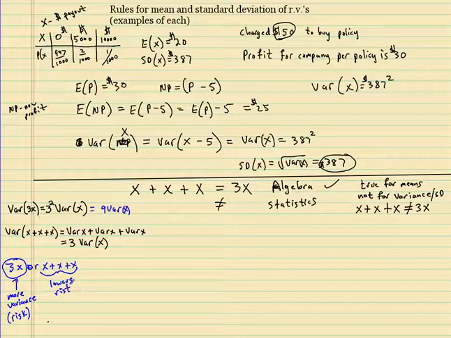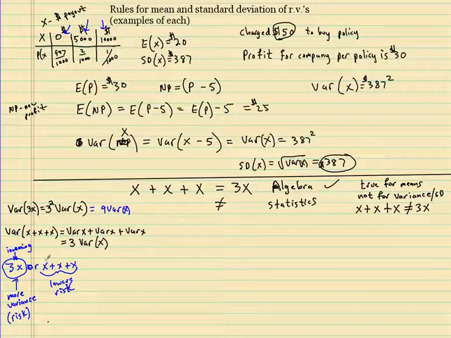So what's the difference between these two? Let's talk about the policy. What's the difference between the variance of 3x and x plus x plus x? Well, this would be increasing these guys right here. You're increasing your premiums by 3, you're increasing your x's by 3 times.